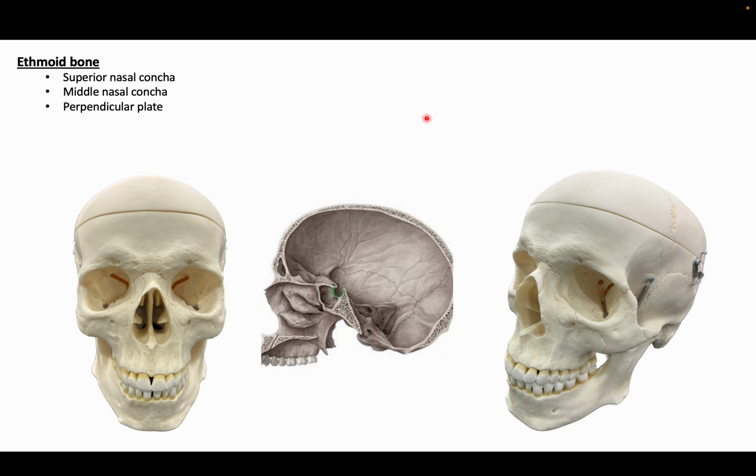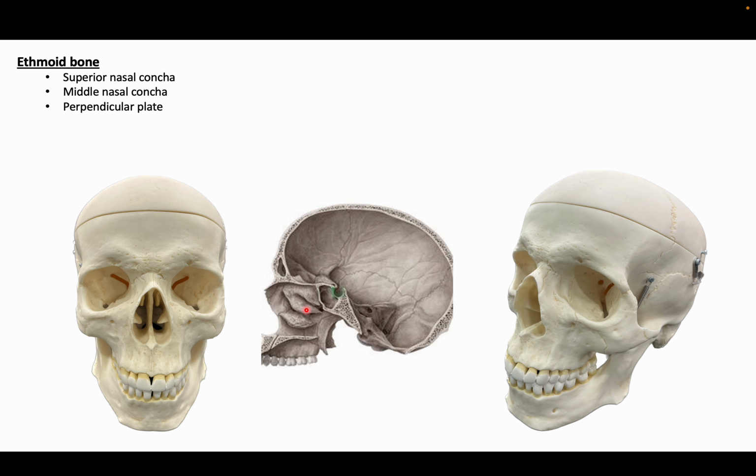And now from the side view of the skull, we can see the superior and middle nasal conchae in more detail. Conchae are these scroll-like bones. They form a scroll so that when air travels through them, it is slowed down so that the air can get warmer, and you're not breathing in cold air.